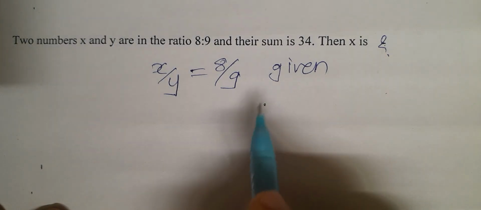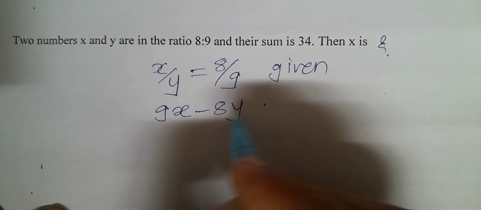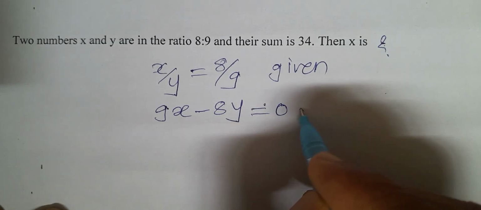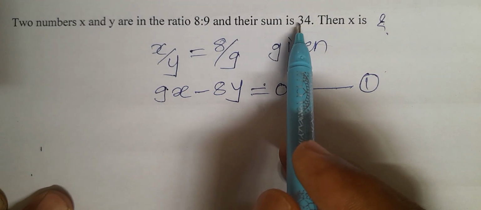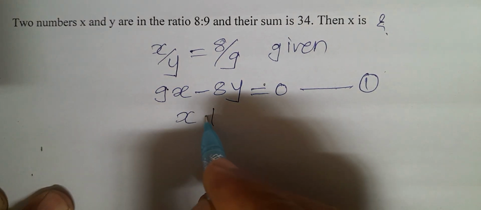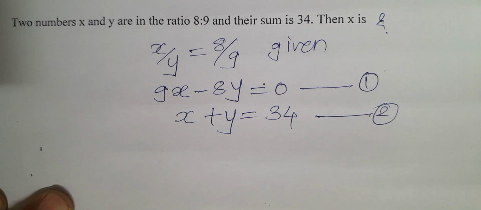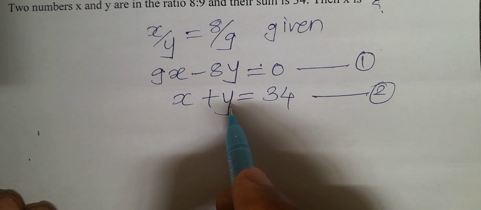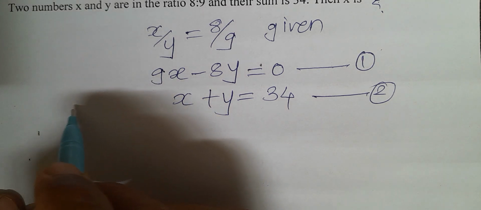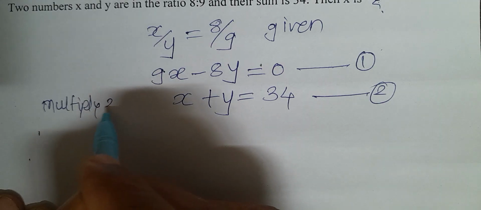If you solve this, 9x minus 8y is equal to 0. So we will get this one equation, and their sum is 34. So one more equation we get, their sum is 34. So these two equations we will get. Now we have to multiply equation 2 by 8.